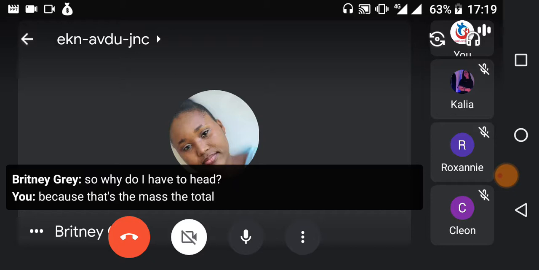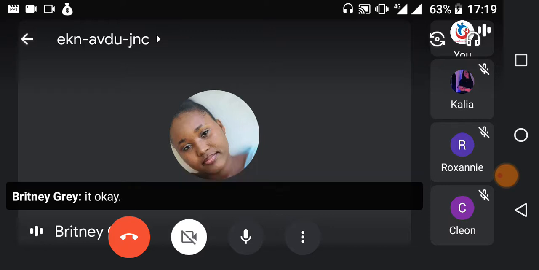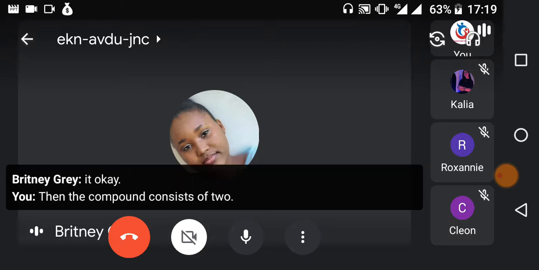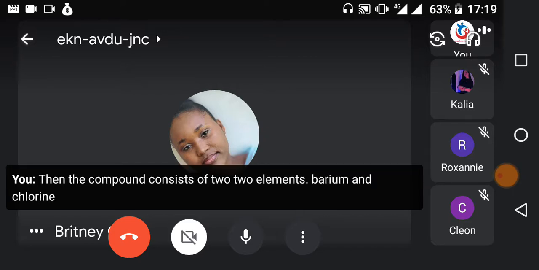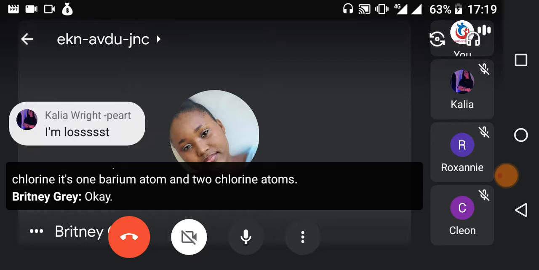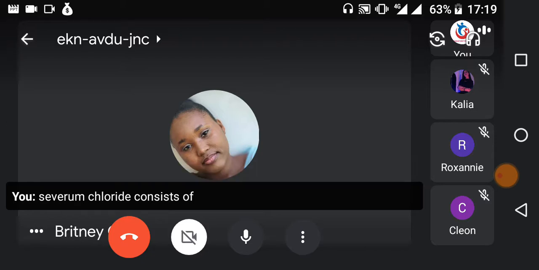So the compound consists of two elements, barium and chlorine. It's one barium atom and two chlorine atoms. Barium chloride consists of one barium atom and two chlorine atoms.